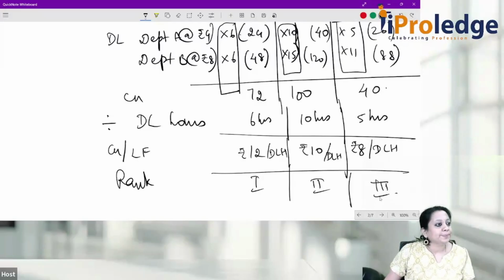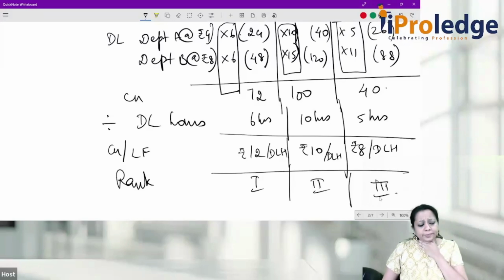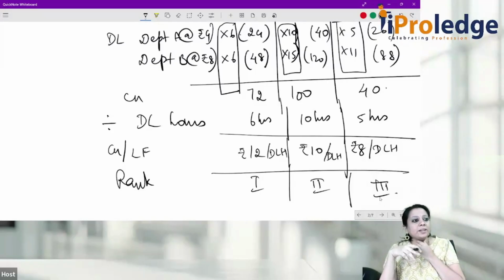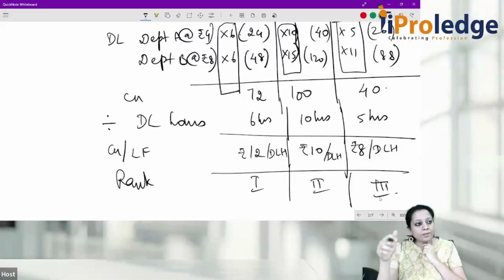Any questions, dear? Yes, ma'am. So say for example, you have to study for CA and you have to study for BCom. You have only 6 hours in a day. You will spend more hours for what? CA, because it will give you more return on investment.